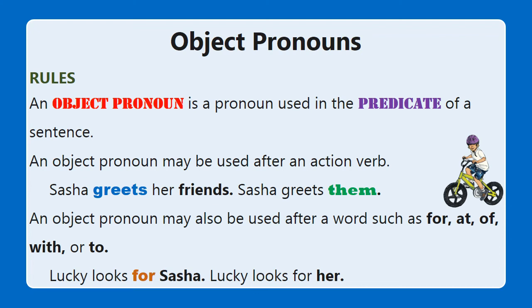Looks. So therefore, all the words from looks to the end of the sentence will be the predicate part. And we look at the word for. Okay. For whom? Sasha. So we are going to replace Sasha with the pronoun her.